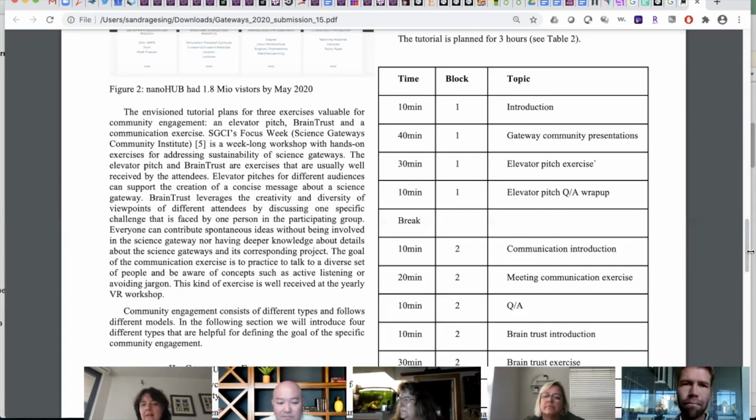I could say something about the Einstein Toolkit community. I don't know if that's of interest. Yeah, you can also. I think community also applies to a toolkit. It doesn't have to be a gateway. It's a very similar thing. You want people to use your toolkit. So I would be totally open to that.